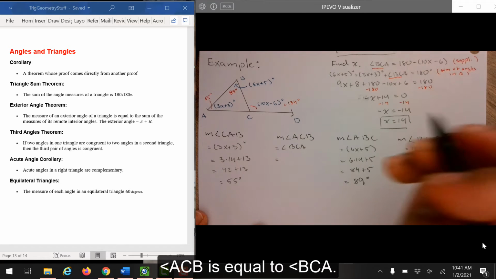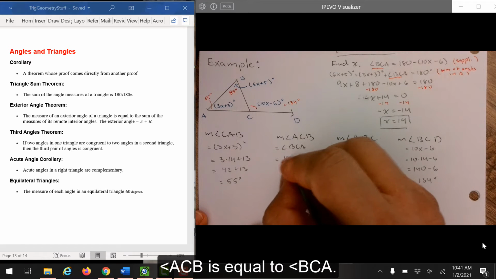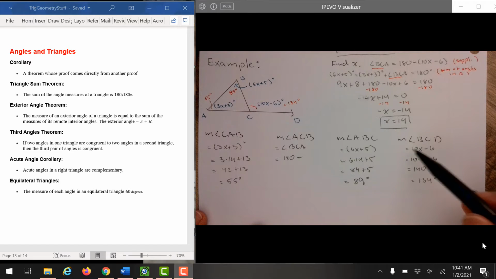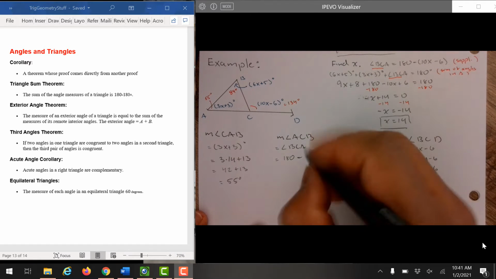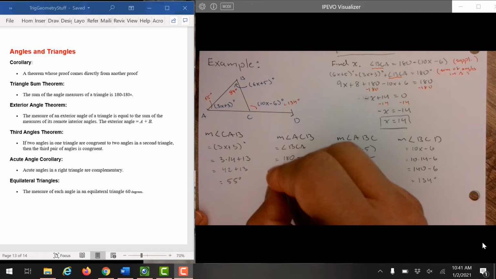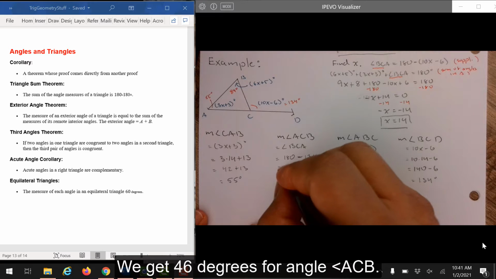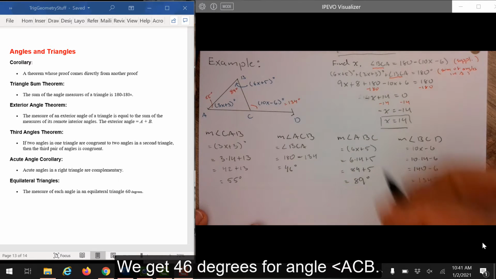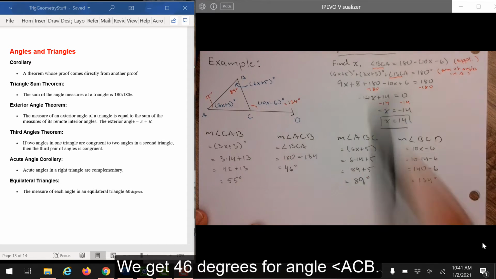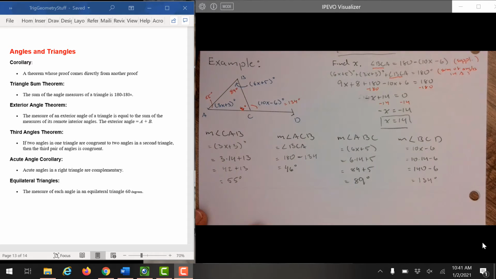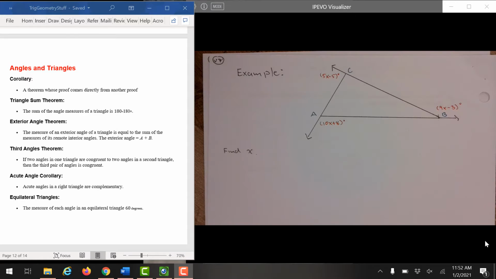Angle ACB is equal to angle BCA. We get 46 degrees for angle ACB. Next example.